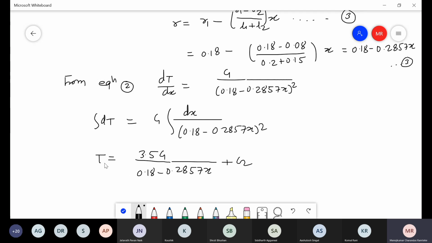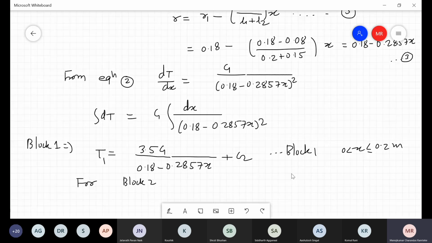This is, let's say, block 1. So for block 1 the distance is going to be 0 to 0.2 meter, and for block 2 we can obtain the same expression.